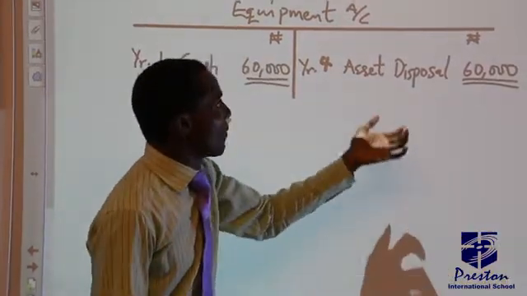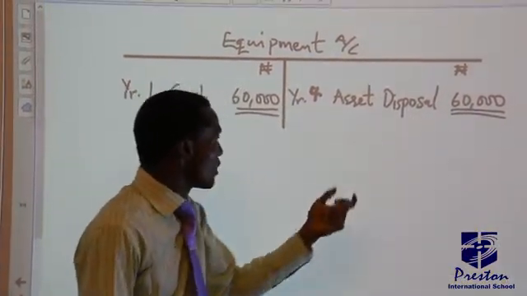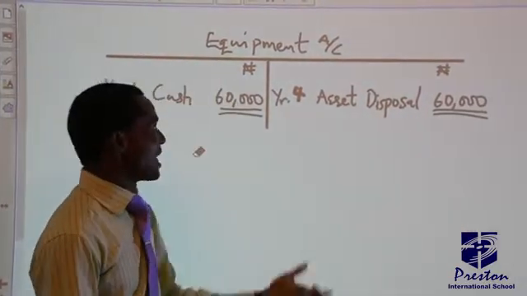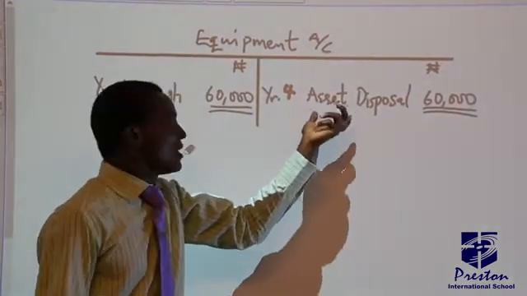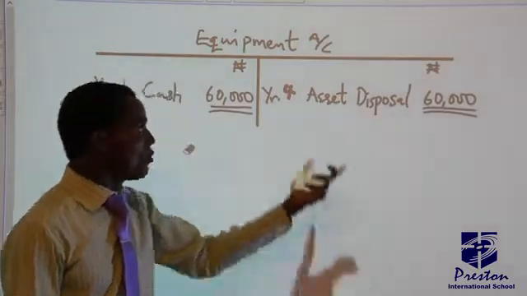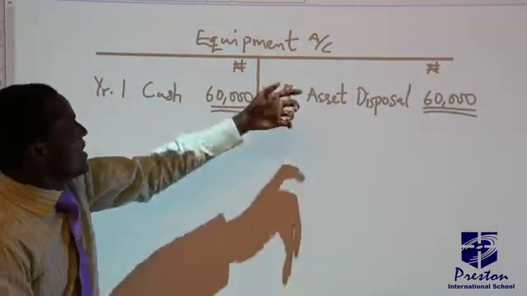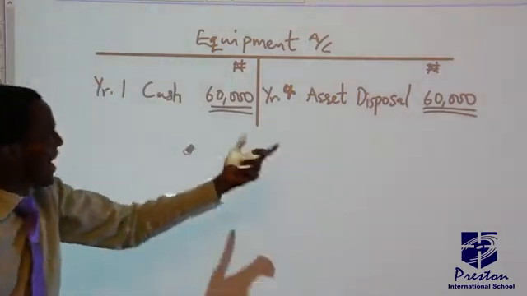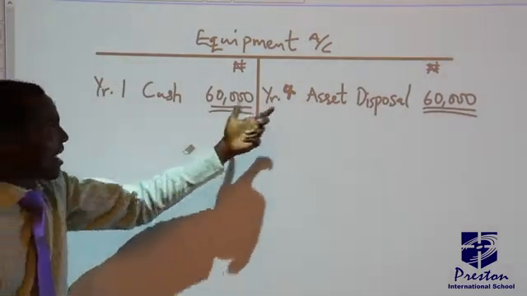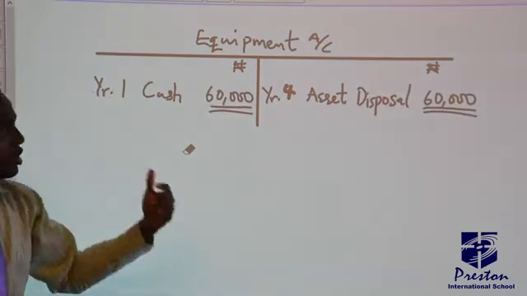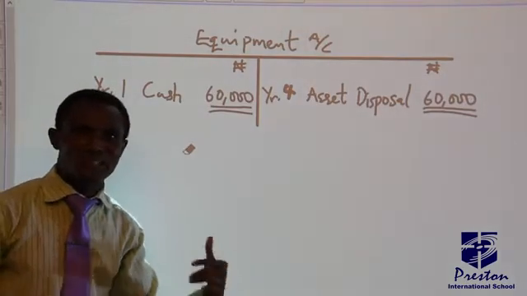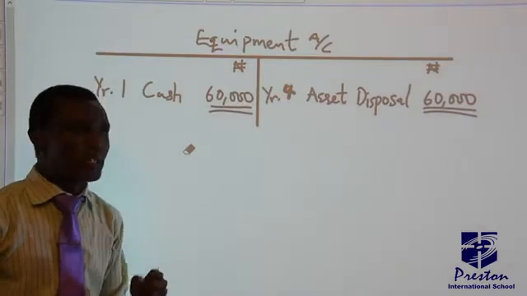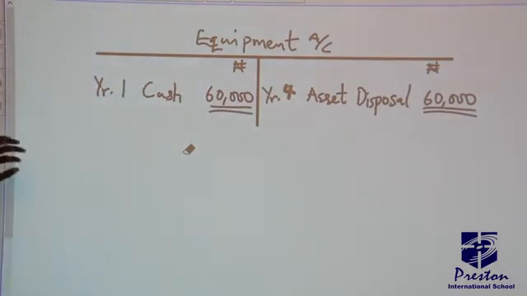But mind you, we are entering the same value here in order to close the balance of the debit side on the credit side, with the term asset disposal, because the same entry that we have here on the credit side will enter into the debit side of the asset disposal account, in order for us to keep to the principle of double entry, which says for every debit entry there must be a corresponding credit entry and vice versa. That is that about the asset account.